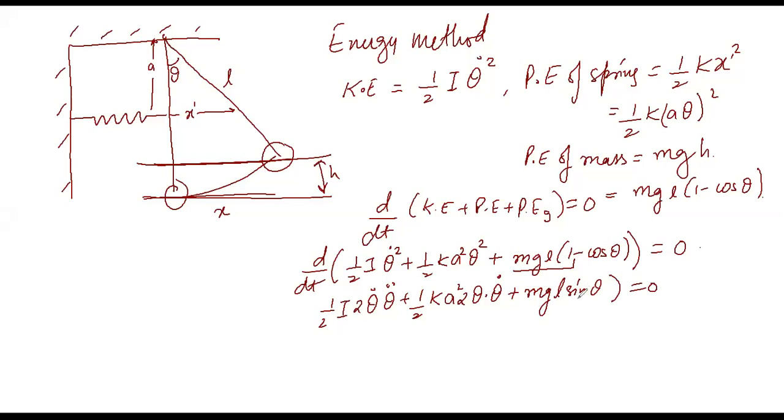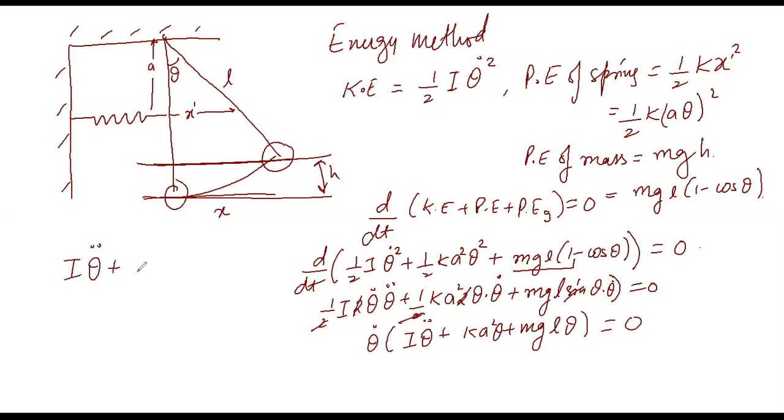If theta is small, then sin theta can be written as theta. Then the terms cancel out, and cancelling the theta dot common, your equation becomes I theta double dot plus (k a square plus mgl) theta is equal to 0, right?